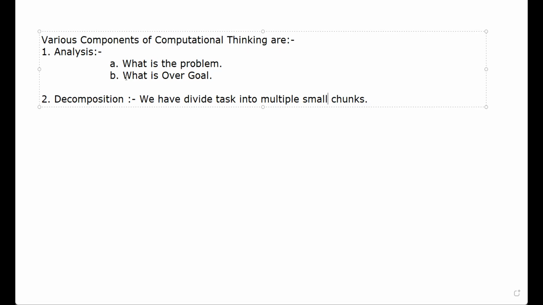All these things come under the decomposition step. Okay.